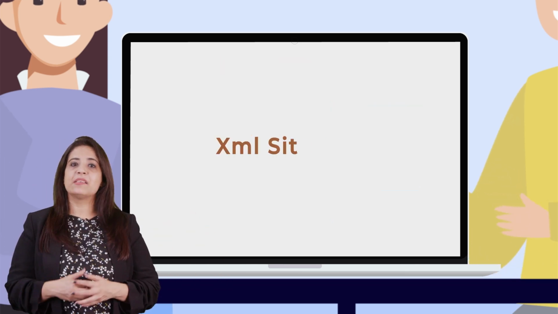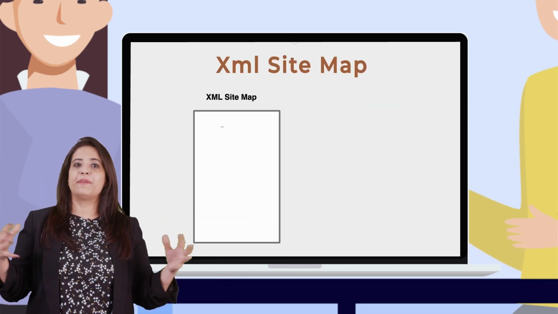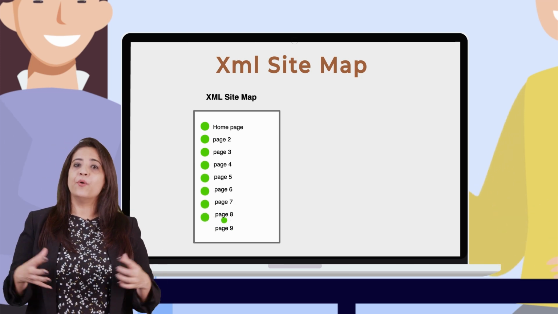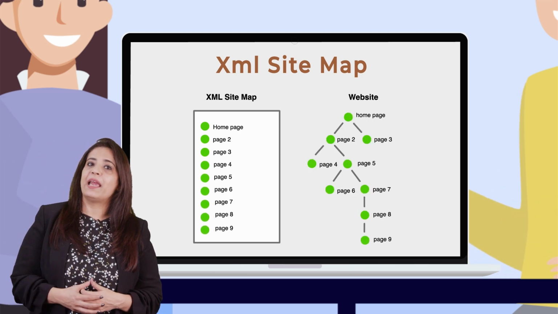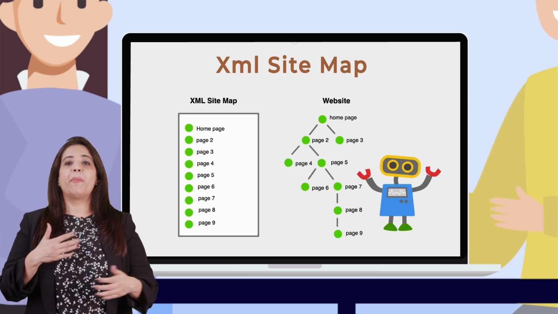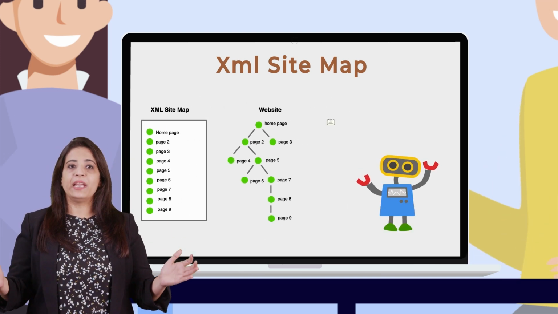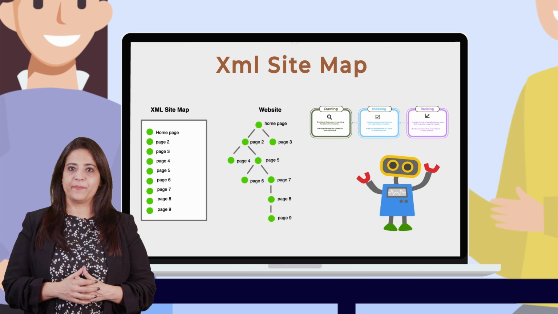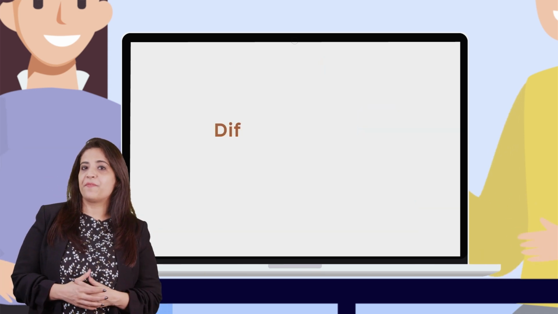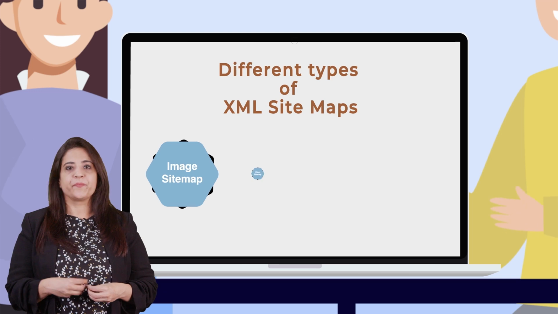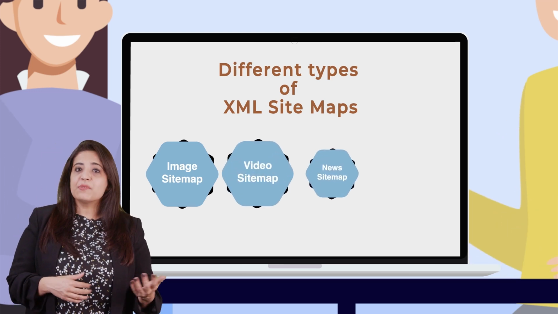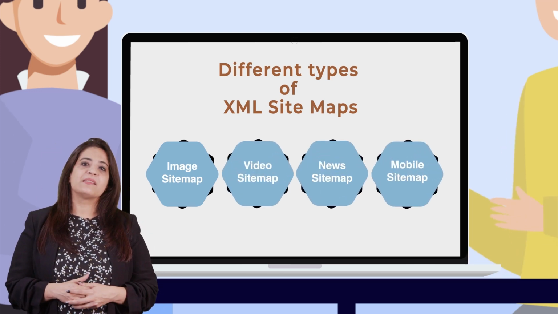The XML sitemap describes all the website pages and how they are connected internally. This XML sitemap is followed by the Google bot for crawling, indexing, and ranking. There are different types of XML sitemaps available, like image sitemap, video sitemap, news sitemap, and mobile sitemap.